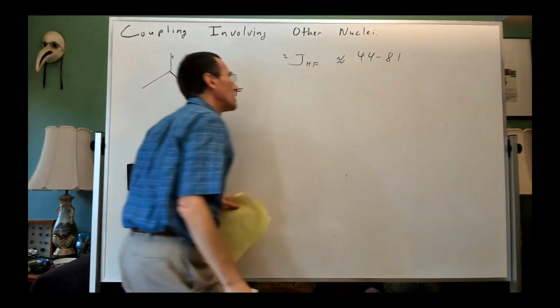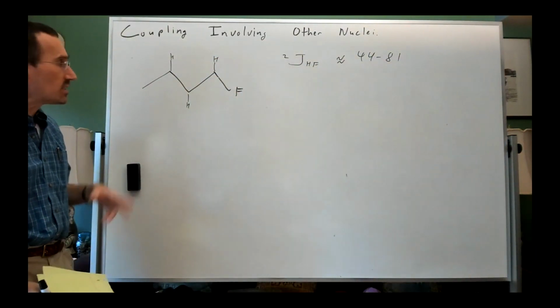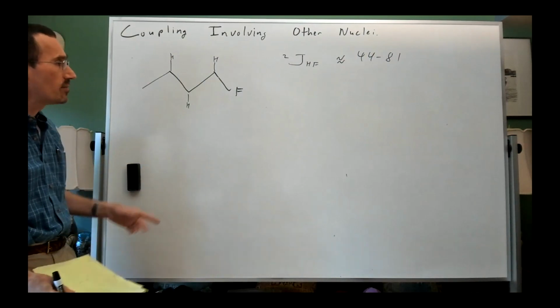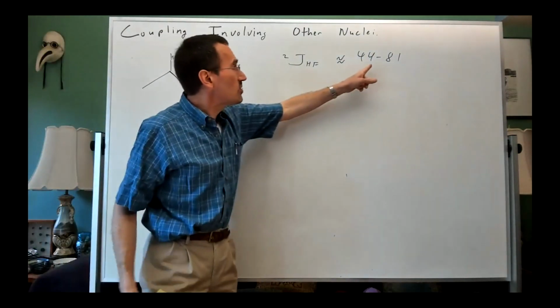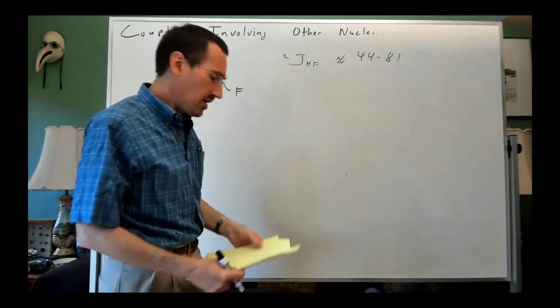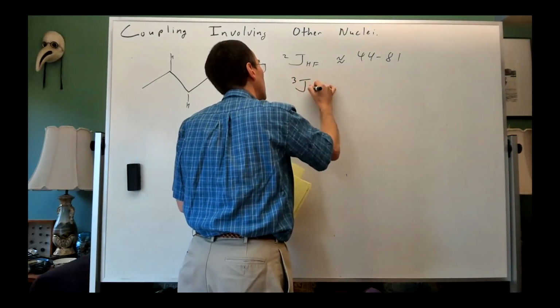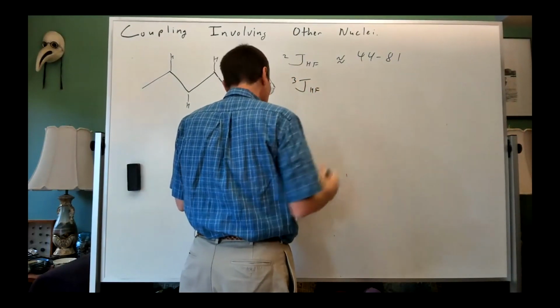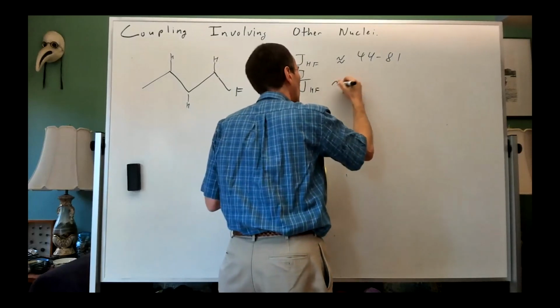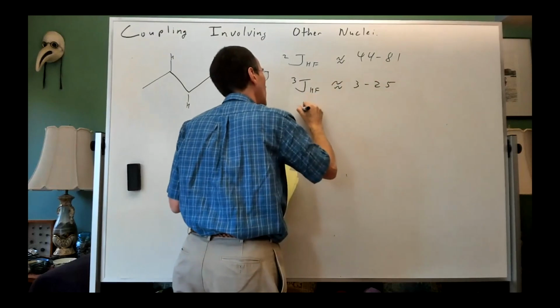I'm about to give you a table from Silverstein where I've abstracted some of these values, and then I'll give you an Aldrich spectrum. So bigger than just about any sort of 2-bond coupling that you would expect. And it can be surprising in the NMR spectrum. J3HF can be big as well, 3 to 25 hertz.